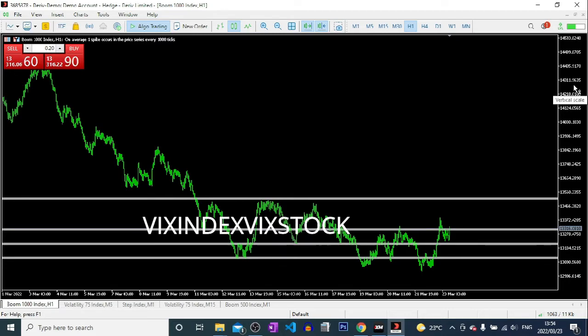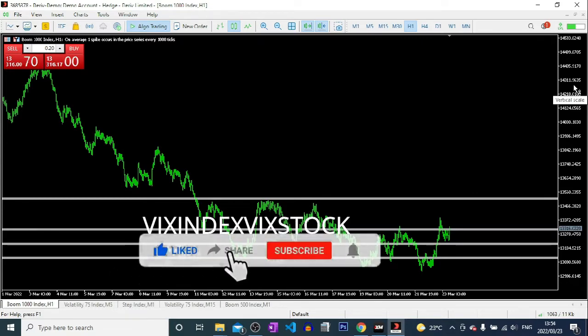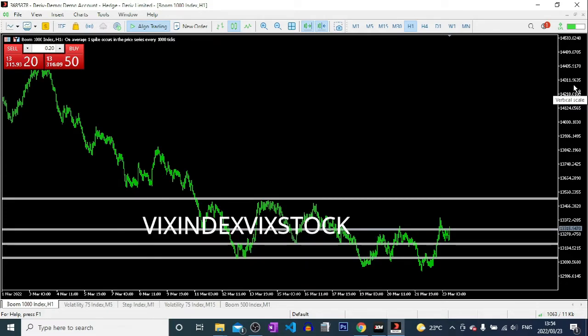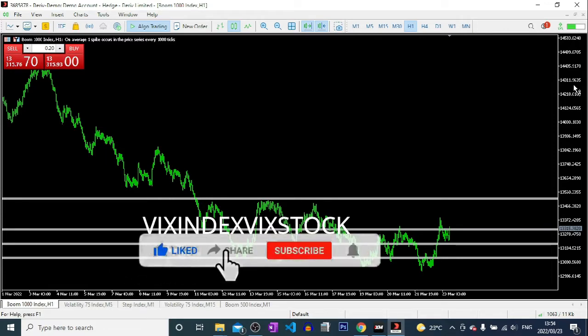The first thing that you need to understand about boom and crash is that they are what we call synthetic indices. What does it mean?